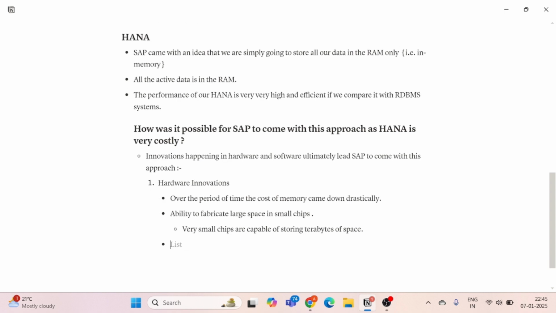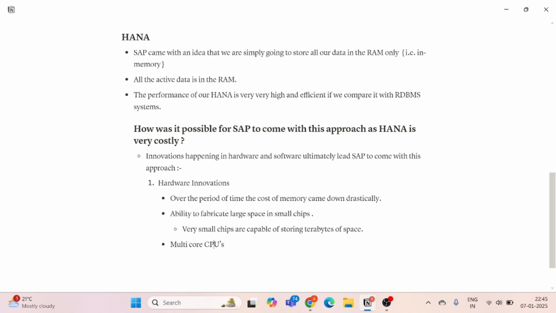We also saw lots of innovation like multi-core CPUs. Earlier there was only a single core CPU, so only one processor and only one execution could happen at a time. But now each core of a multi-core CPU is itself a CPU, and each core is capable of processing computation independently, which means we can give instructions to each core in parallel, and each core can process the data in parallel.